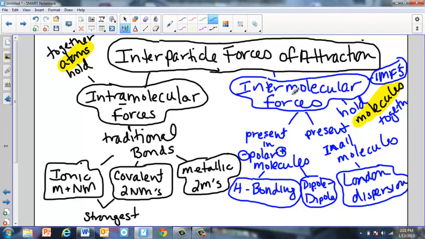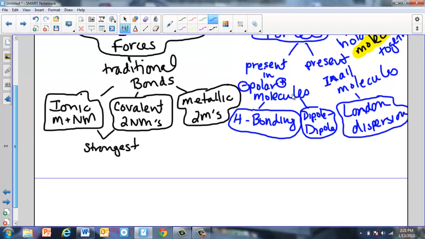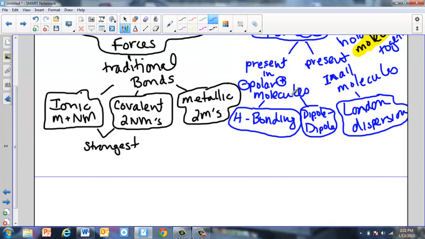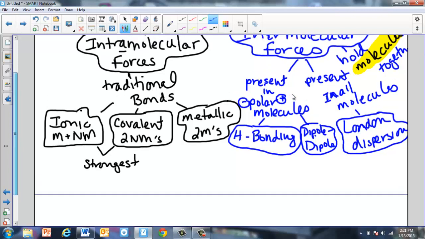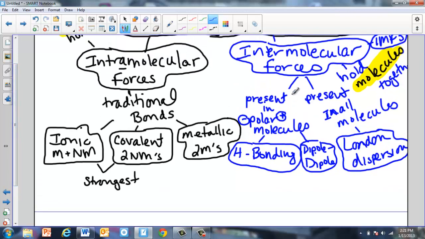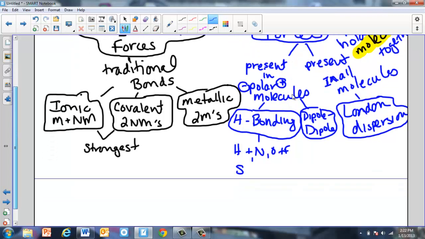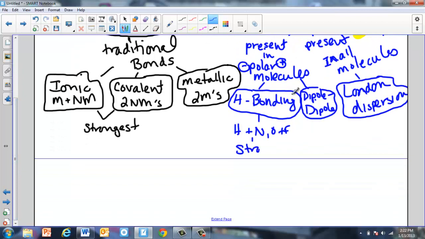All right, now the last thing that we have to do is kind of rank these a little bit, because if we're looking at the two groups side by side, there's some separation. But first off, if we just look at the intermolecular forces, our hydrogen bonding, which is going to occur between hydrogen as well as either nitrogen, oxygen, and fluorine, this is going to be the strongest type of intermolecular force.